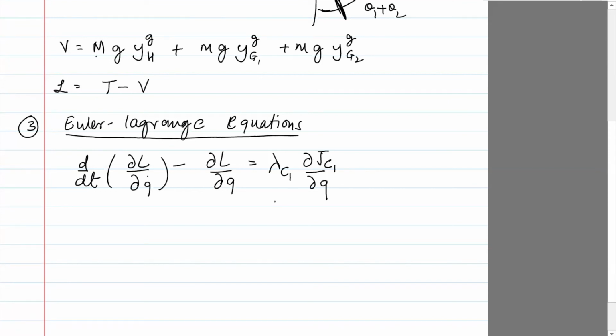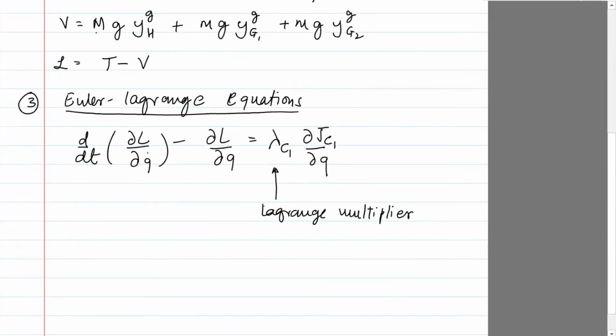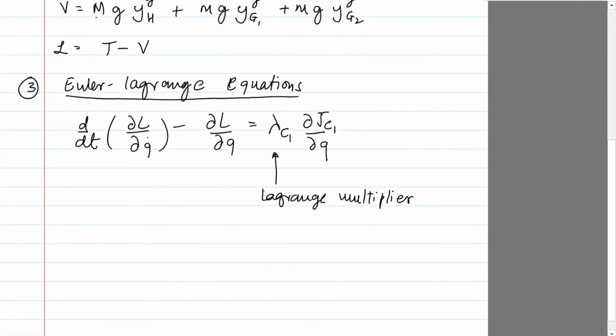Okay, so this lambda is known as the Lagrange multiplier. And what it does is basically it constrains the system to be anchored.